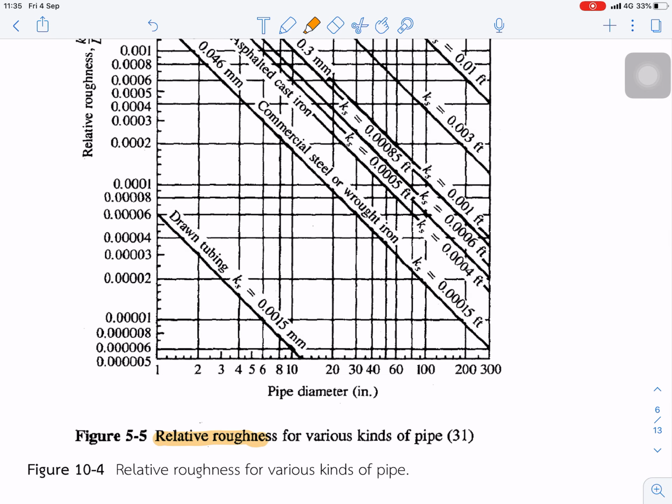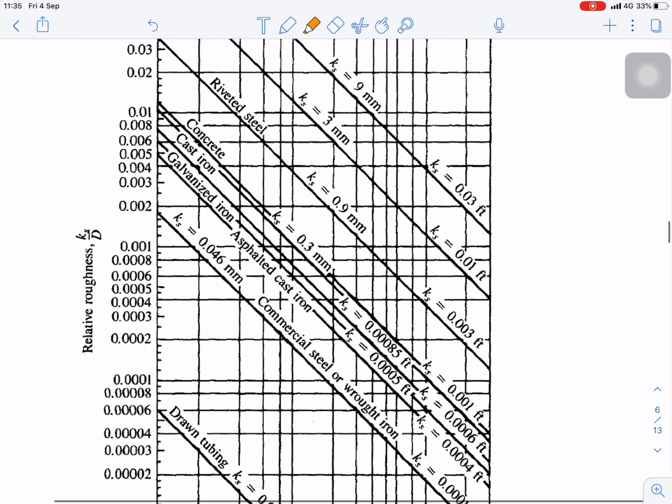It depends on the different types of pipe. We can use epsilon equal to the roughness divided by diameter.